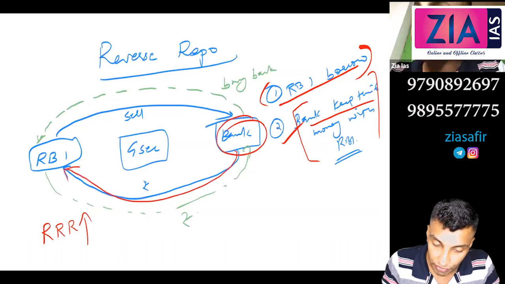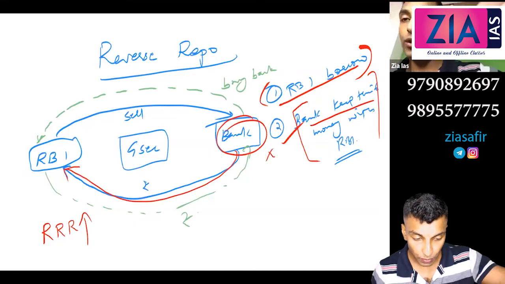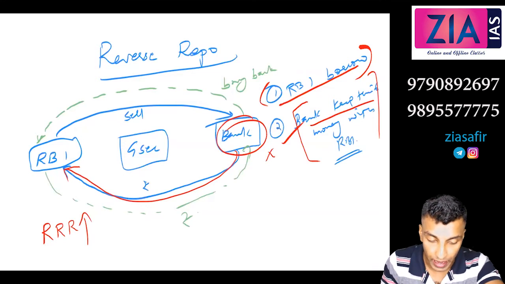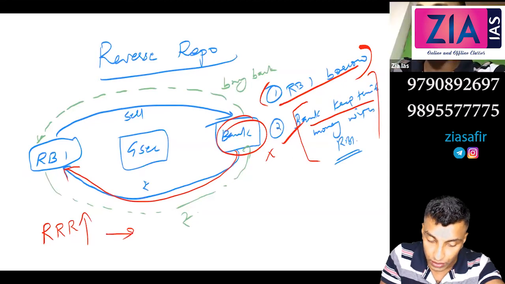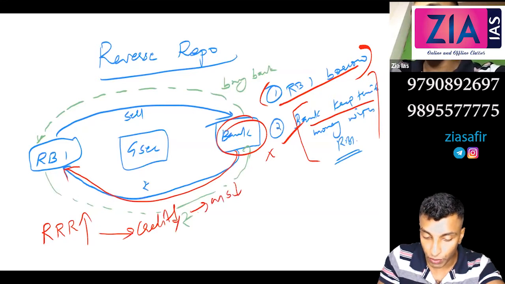Banks don't have money now because they are getting higher interest from RBI. So when banks keep money with RBI, they don't have money to lend. Credit creation capacity will be affected. That leads to a decrease in money supply.